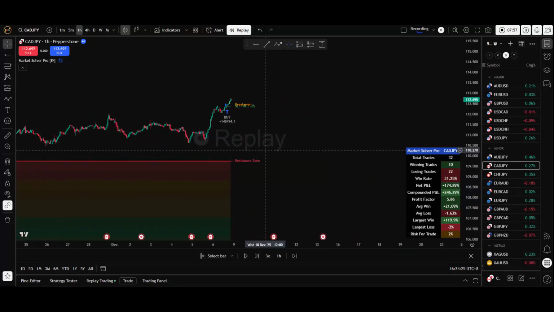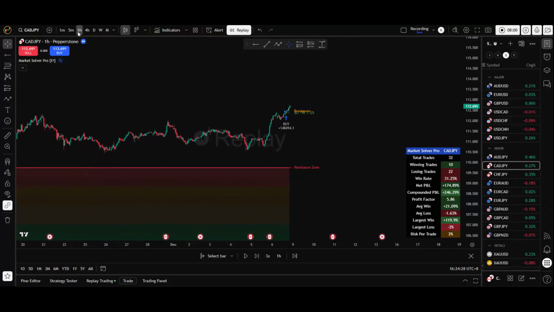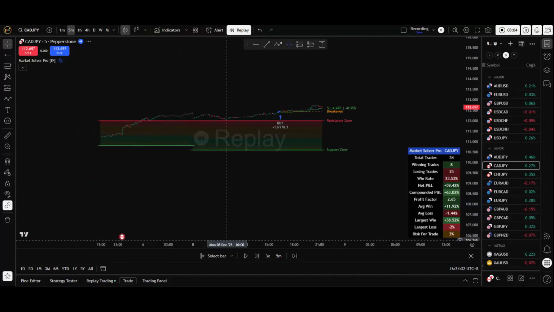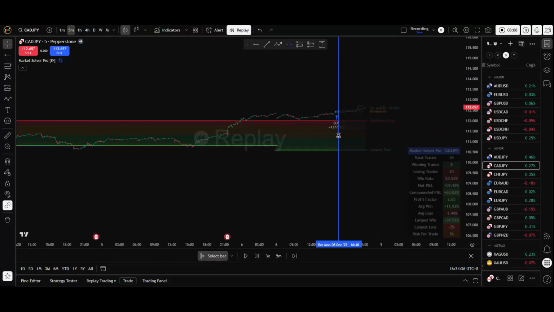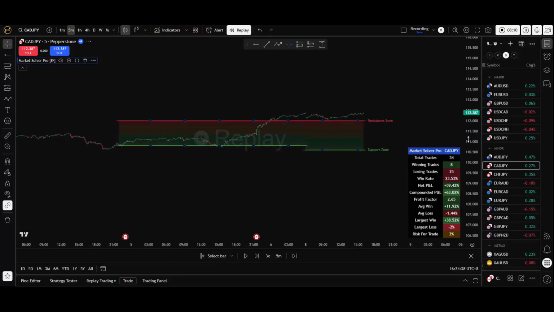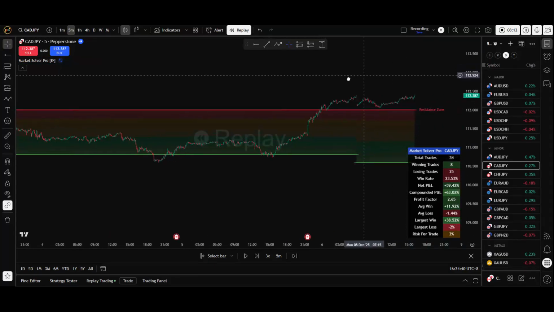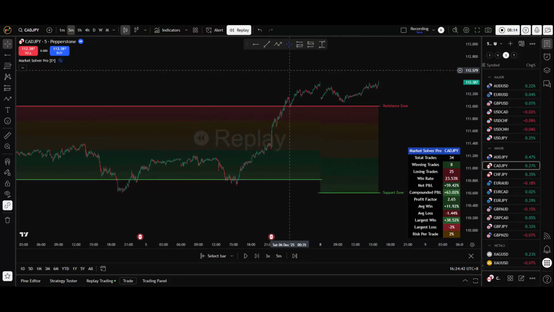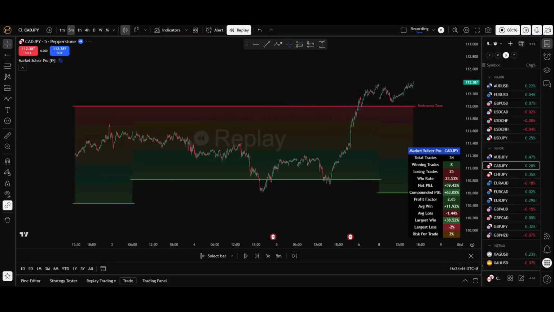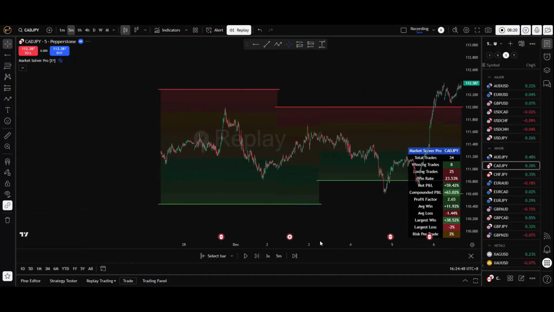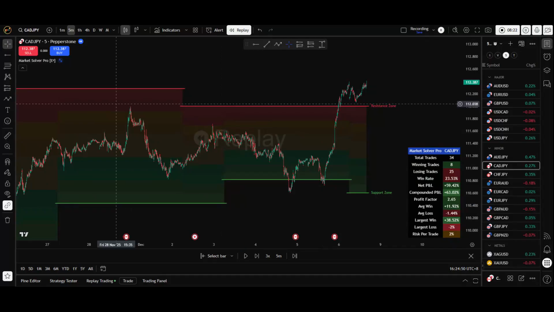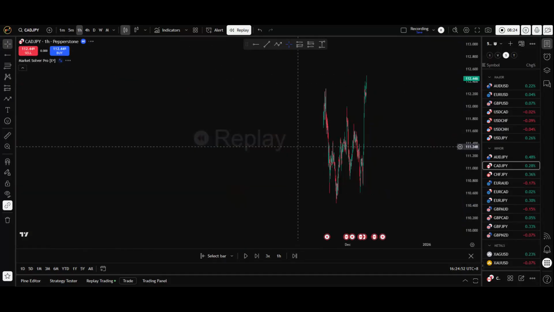So if we zoom in here on the 5 minute chart, okay, let me rewind a bit. So you would notice here, as I mentioned earlier, we did not actually trade from this. Sorry, let me go back to the wire.